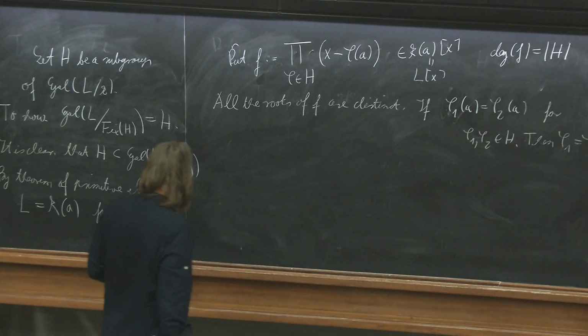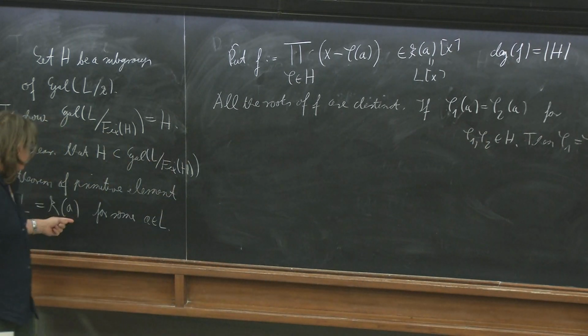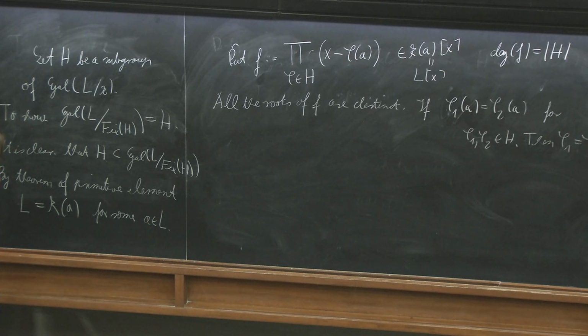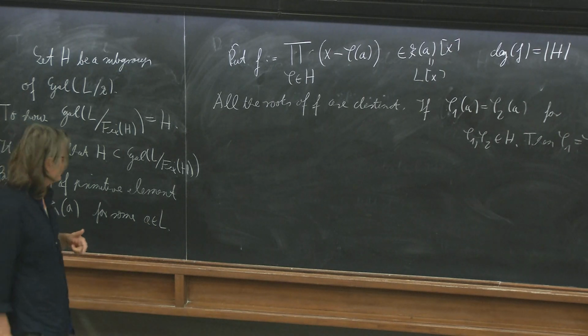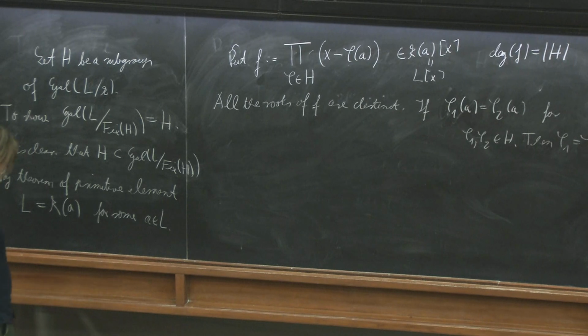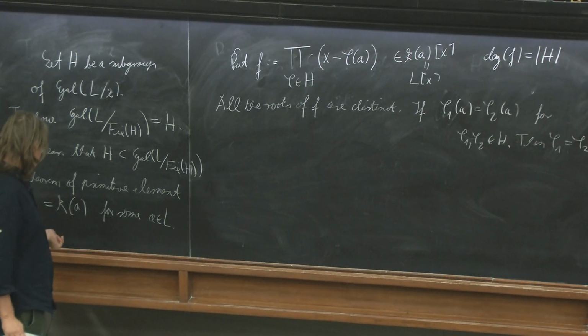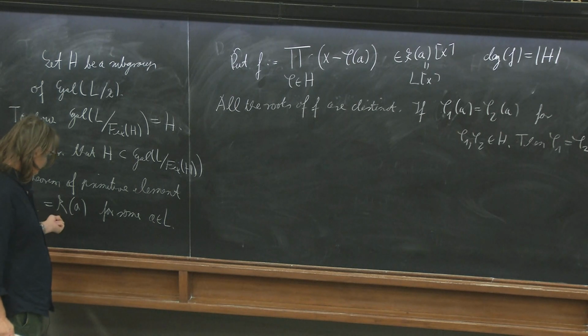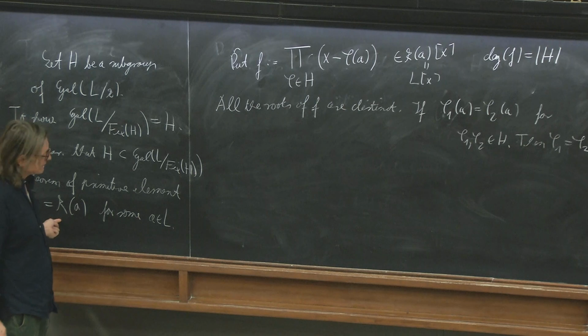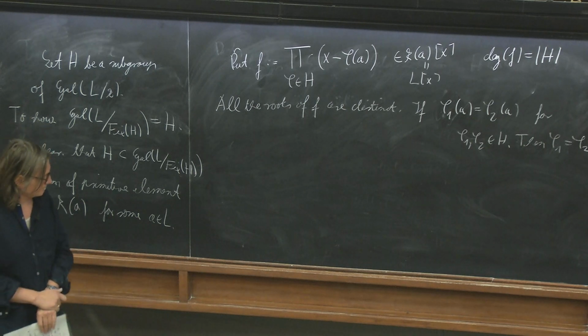Why is that? The field extension is just K(A). So an element in H is an automorphism of K(A) which is the identity on K. If I have two such automorphisms which send A to the same thing, then they must send everything to the same thing.